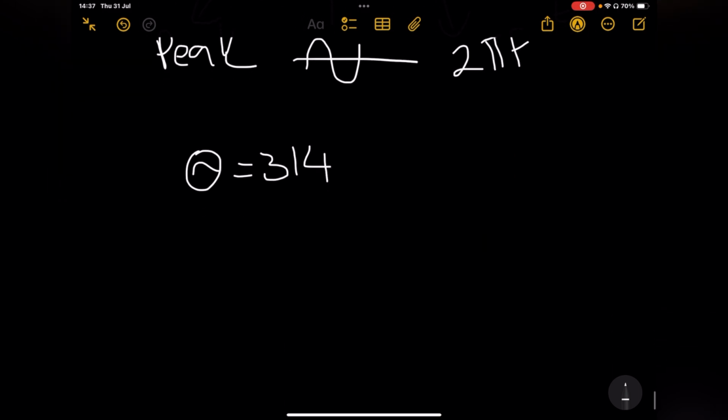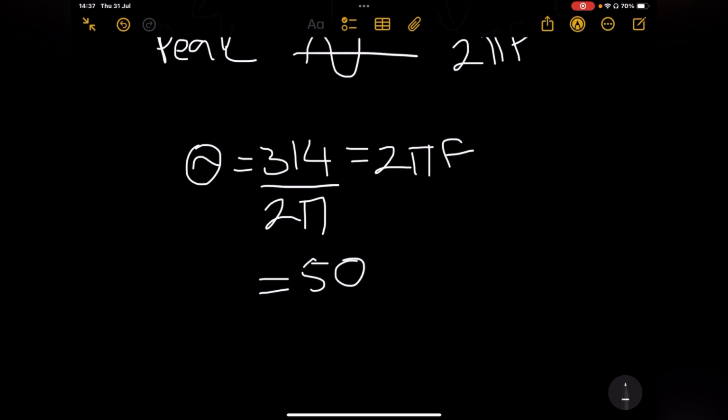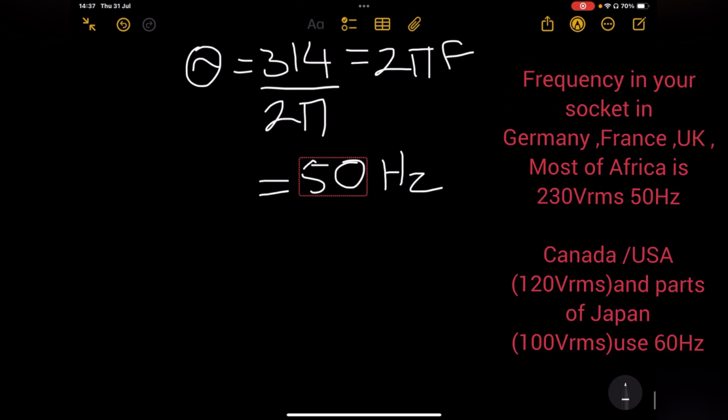All right. Now we can say 314 is also equal to 2 pi f, right? If you divide 314 by 2 pi, you get approximately 50 hertz, which is the frequency of the South African grid. So this is easy enough.